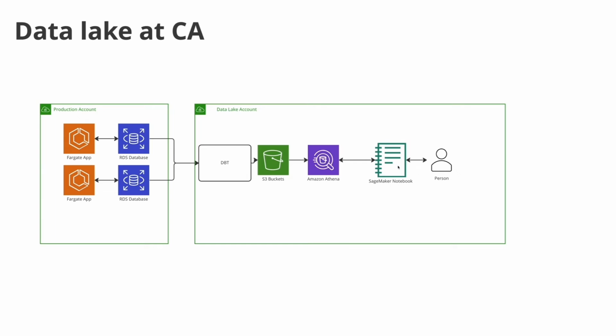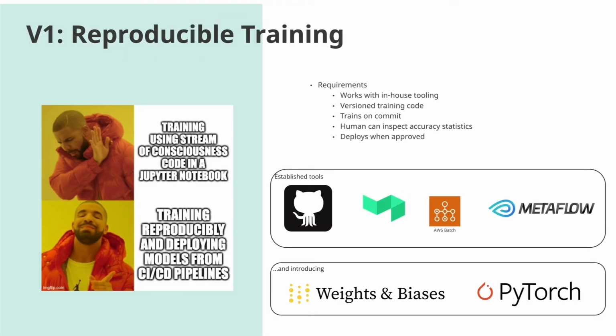A lot of the interaction with this is in cloud notebooks, SageMaker notebooks, where we can do ad hoc experimentation with a human directly interacting with Athena. But that is kind of the thing we want to move away from for the cases where we have a model that we depend on in production.